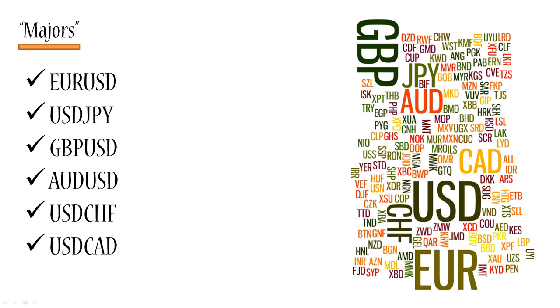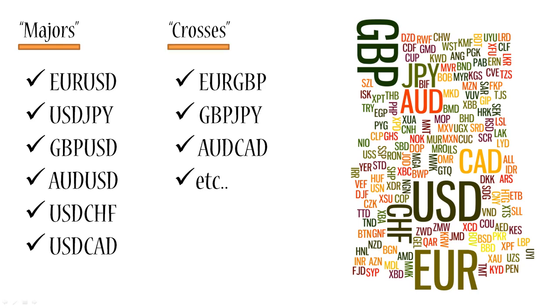And also the second group is the crosses. Crosses are simply put all currency pairs that do not include the American dollar, such as the Euro British pound, yen, Australian dollar, Canadian dollar, and so on. And of course there are also all other currency pairs.